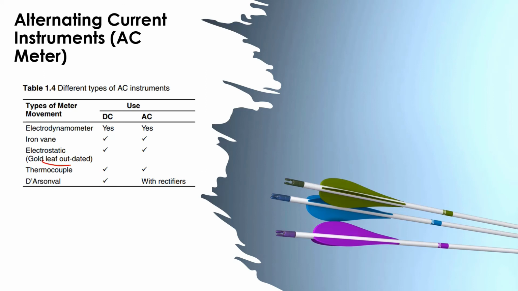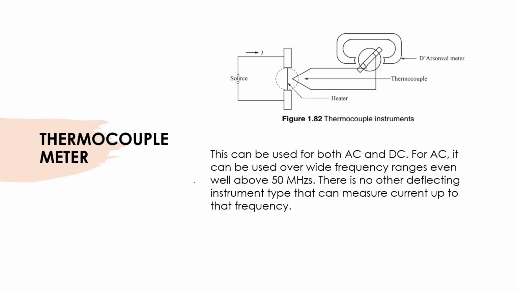And then we can use the thermocouple for DC and AC, and we can use the D'Arsonval principle for DC and AC, but for AC we need rectifiers here. Okay, so these are the different types of AC instruments.